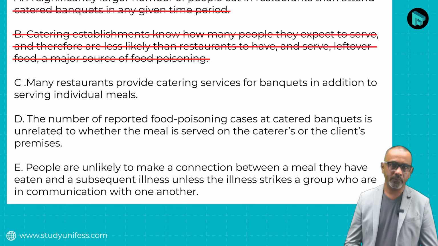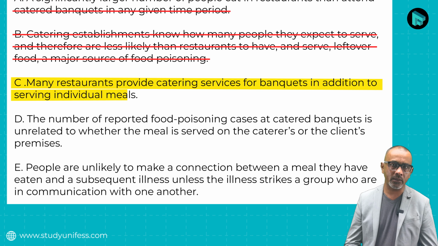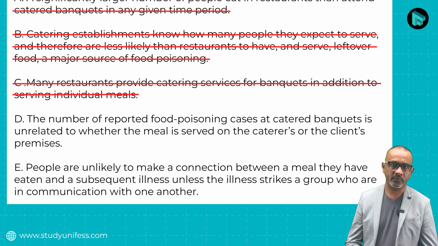Choice C: Many restaurants provide catering services for banquets in addition to serving individual meals. This blurs the line between restaurants and catered services, but doesn't explain why more food poisoning cases are being reported from catered banquets. It doesn't address the reporting behavior or recognition of food poisoning.